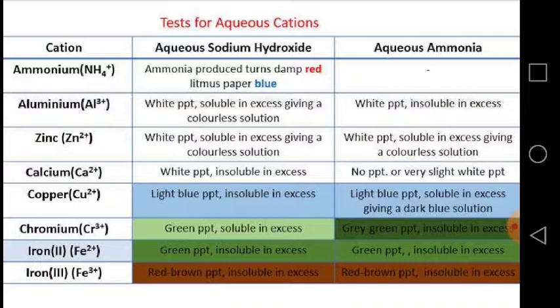Ferrous, green precipitate insoluble in excess of sodium hydroxide, green precipitate insoluble in excess of aqueous ammonia. Iron, ferric, red-brown precipitate insoluble in excess of sodium hydroxide, and red-brown precipitate insoluble in excess of ammonia.